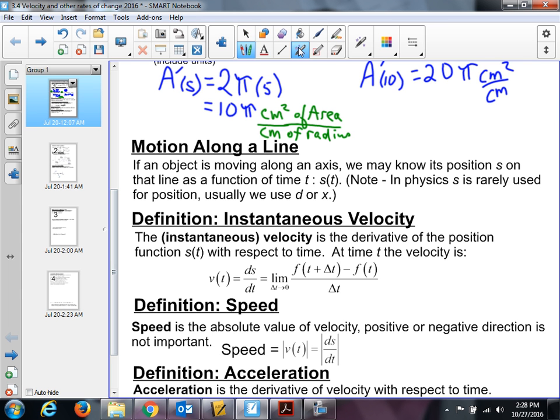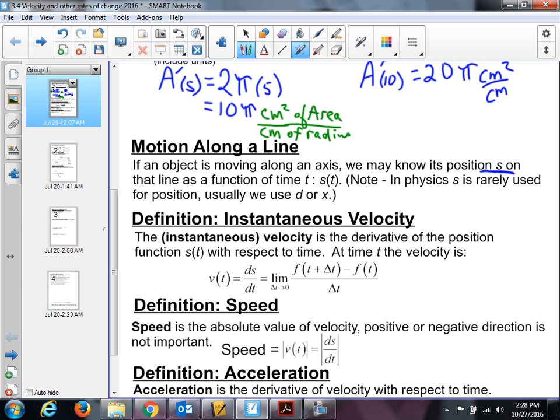So we're here. Let's read it up. If an object is moving along an axis, we may know its position S, and we use S here. I mentioned this before, instead of D like you do in physics, because if you do dd by dt, it looks stupid, right? Like double D. Whereas ds by dt or S prime. S is not usually used in physics, but we're going to use S here.